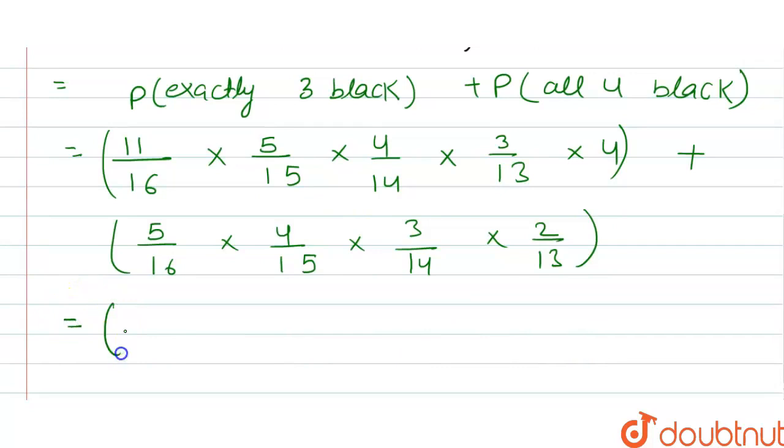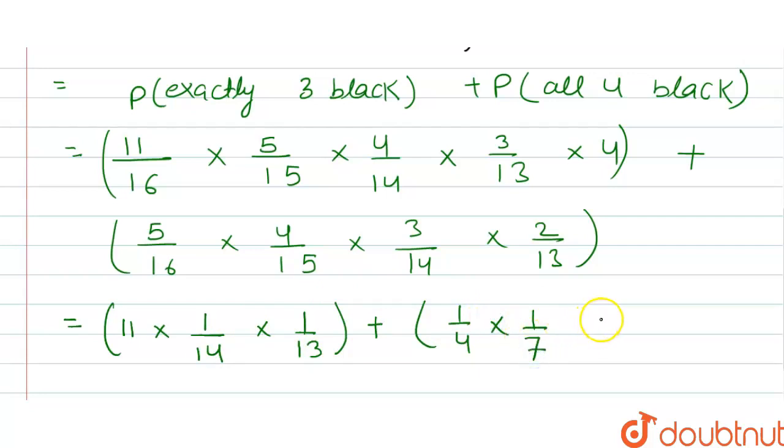Then we got 11 multiply by 1 by 14 multiply by 1 by 13 plus 1 by 4 into 1 by 7 into 1 by 13.